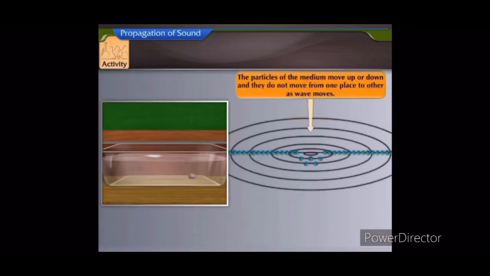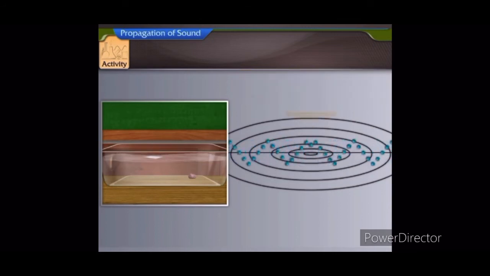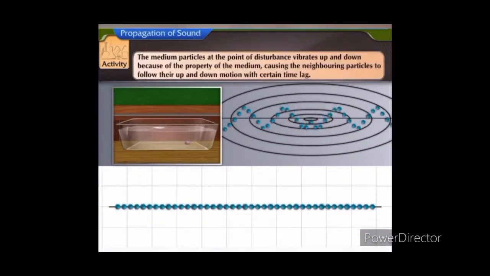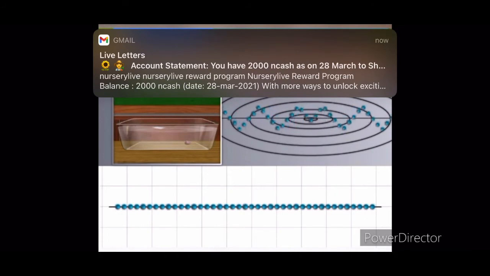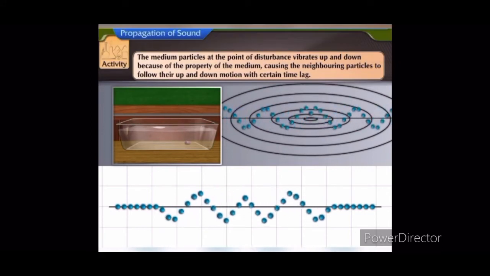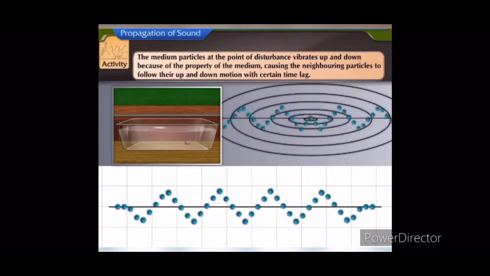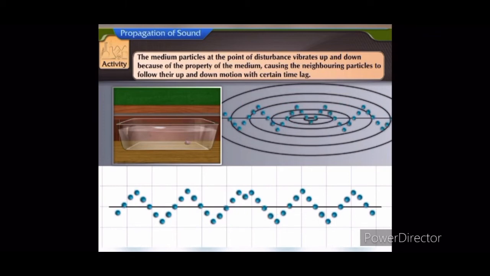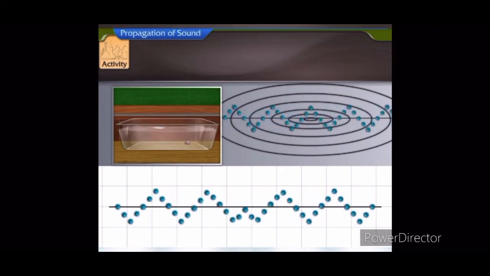Here, the particles of the medium move up or down, and they do not move from one place to other as the wave moves. The medium particles at the point of disturbance vibrating up and down because of the property of the medium make the neighboring particles to follow the up and down motion with certain time lag.